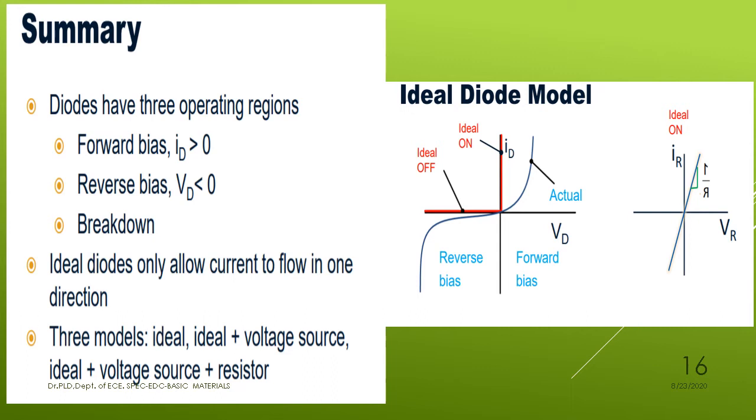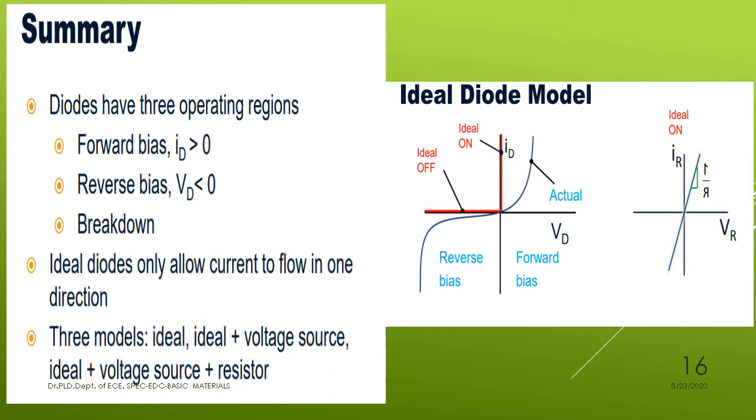It is less than 0 means negative voltage, like -1, -2, -3, -4. That's the meaning of reverse bias, VD is less than 0. In its breakdown region, with a small change of voltage, it allows a large current to flow through it. That is the breakdown region, which occurs in reverse bias.